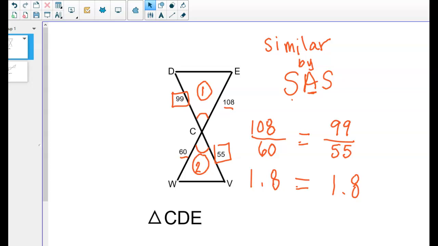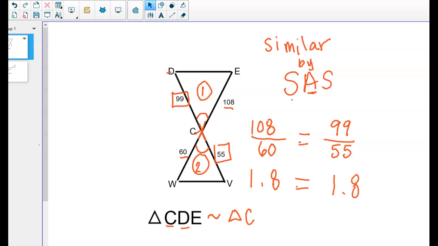Because they're similar, I need to complete this similarity statement. In the similarity statement, C is going to be the same in both, so I'm trying to put these in the same order with the parts that correspond in the other triangle. C is the same as C, so I would put C first. Then it goes to angle D. Notice that C to D goes along the shorter side, right? 99 is smaller than 108.